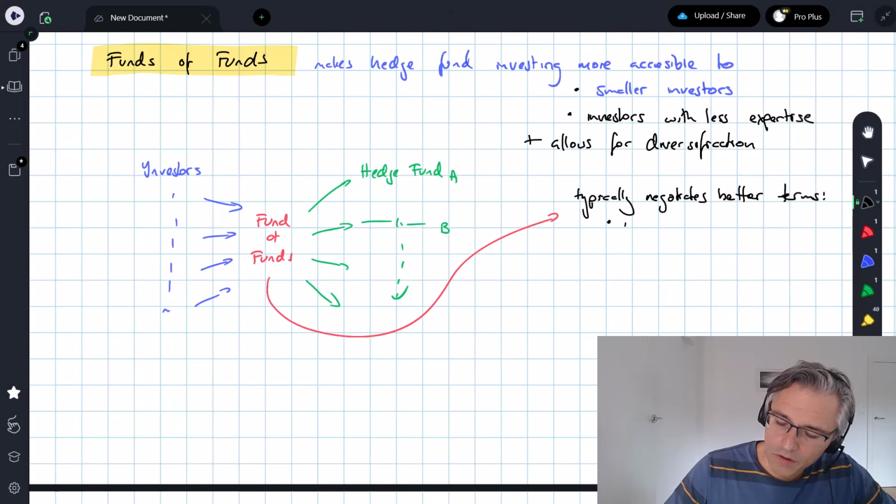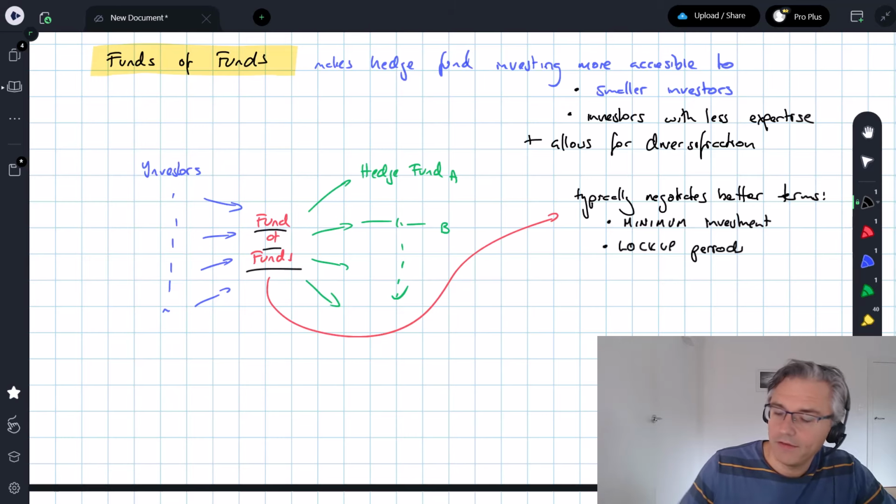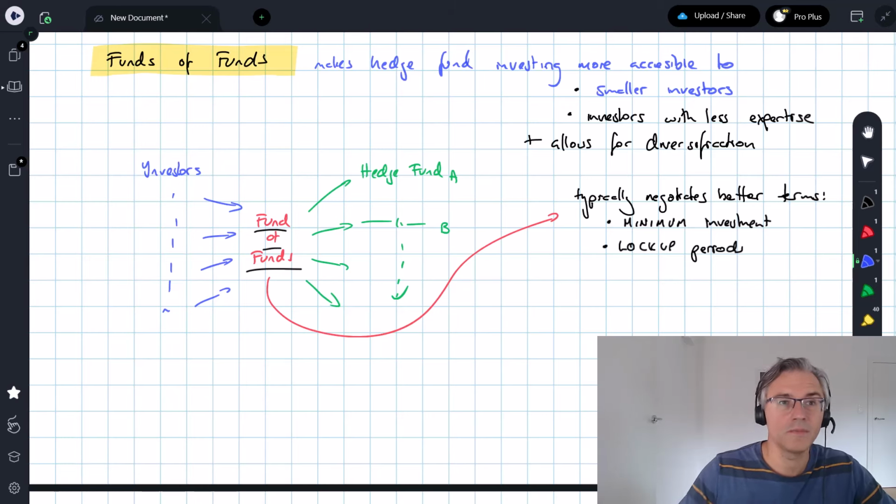Better terms in terms of the minimum investment required, the threshold, but also things like lock-up periods, something we mentioned before. This fund of funds may have a better negotiated ability to liquidate their positions in a hedge fund.